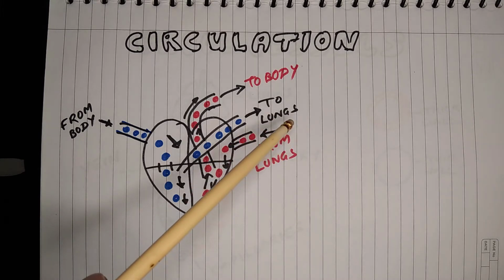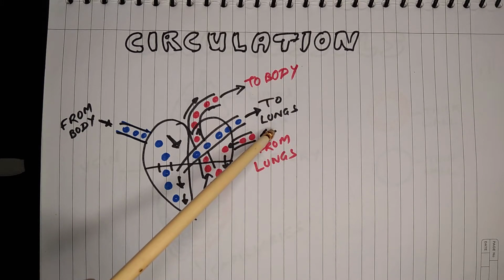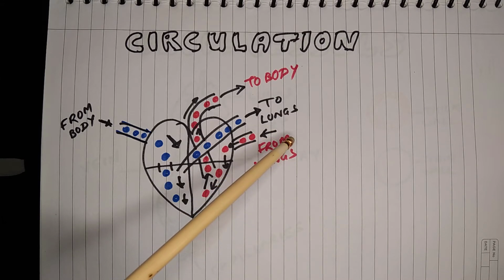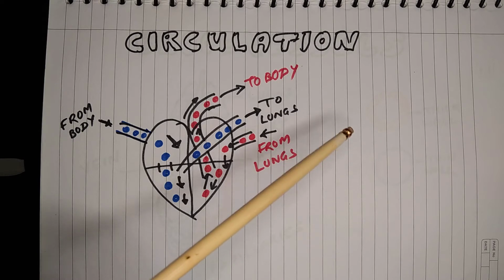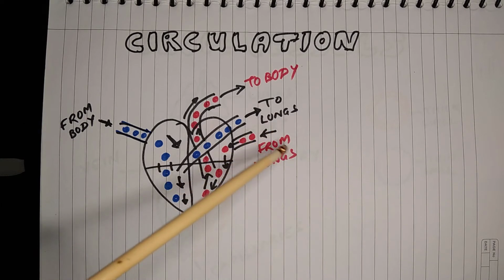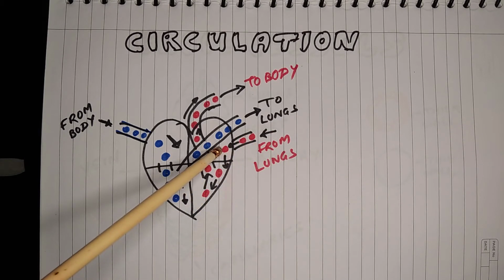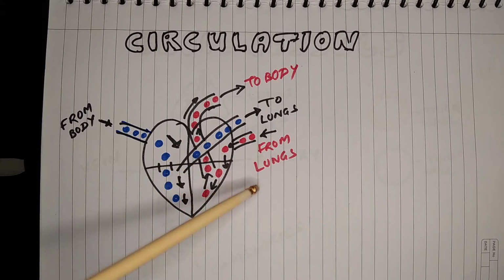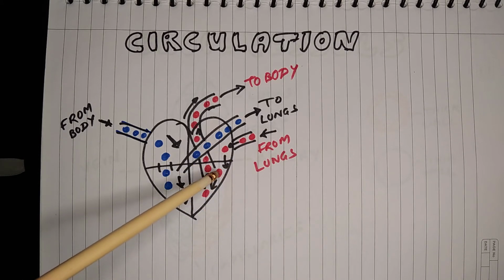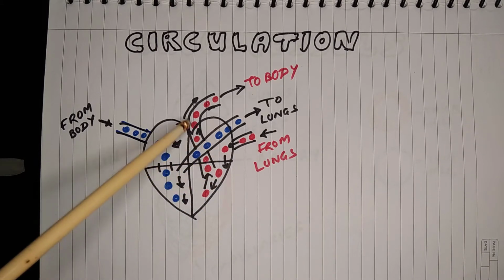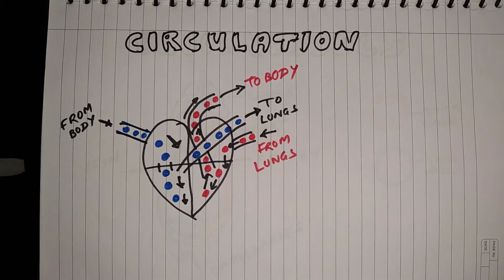Once it goes to the lungs, carbon dioxide is removed from the blood and oxygen is mixed with the blood. So that is how oxygenation of blood happens. From the lungs, the oxygenated blood comes to the left auricle, then it goes to the left ventricle, and left ventricle pumps the blood to different parts of the body.